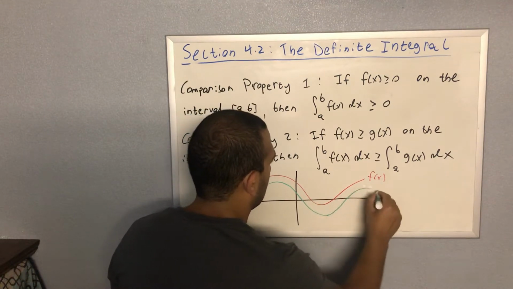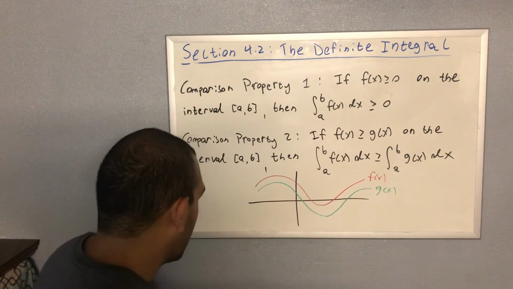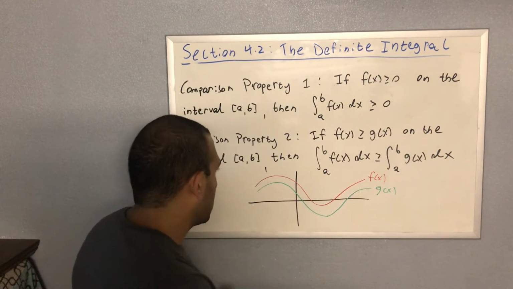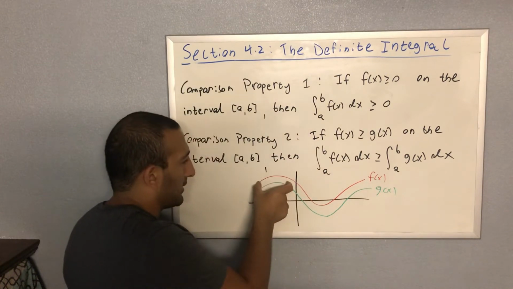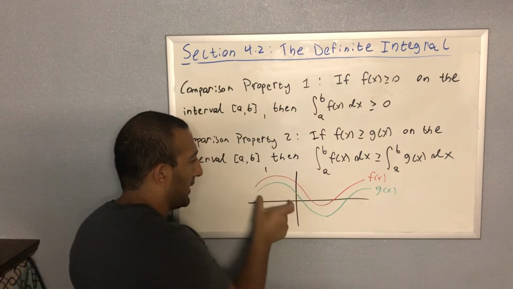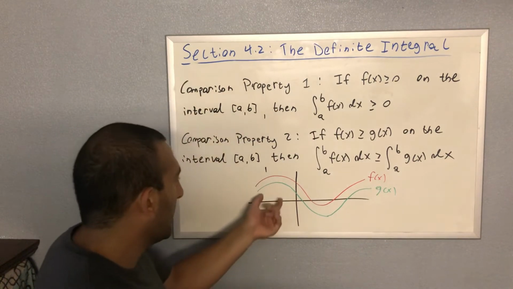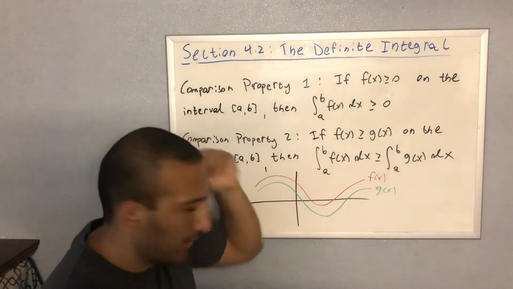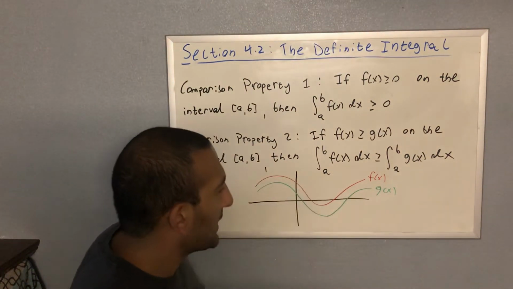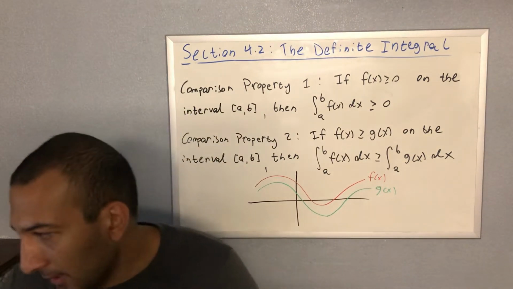So let's say it looks like this. This is g of x. Well, then you could see that if you just focus on this little bit right here, the area underneath this guy, the red one, is more than the area underneath the green one. It's the area underneath the green one plus some little extra area. And that's going to apply for each little piece here. So you can see why this property is true.